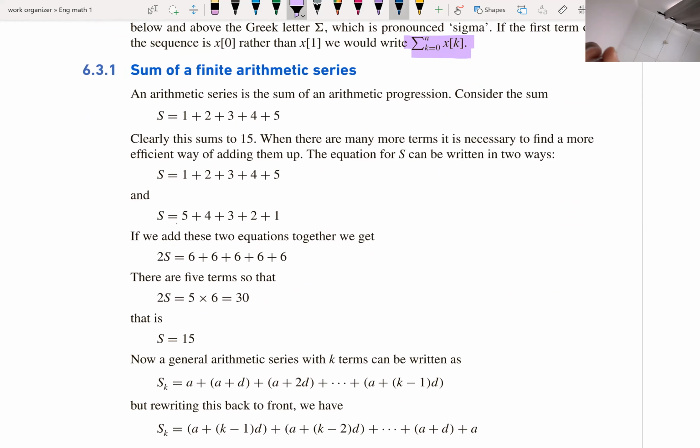Let's say before this the sequence is 1, 2, 3, 4, 5, and then we just have to add everything, so it will be 15. Then we can write in the correct order, or also we can write vice versa, starting from the last term to the first term.